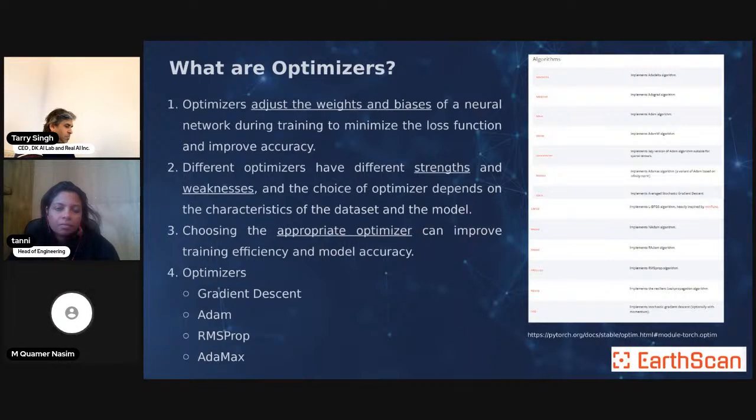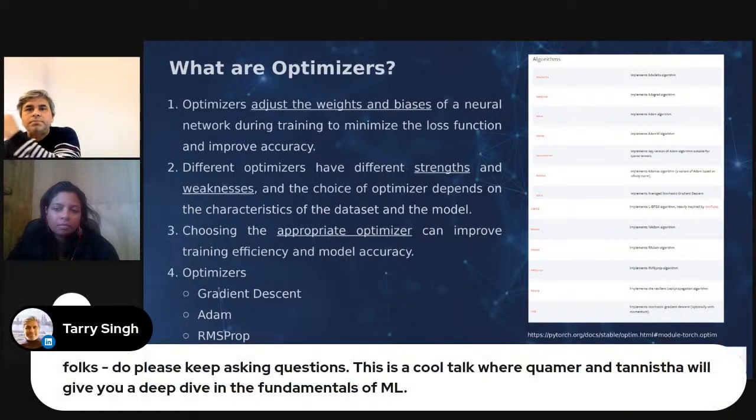There are many optimizers available, each with some strengths and weaknesses, and we have to decide which optimizer to use based on some initial model training, seeing how the model performs. In this presentation, we will look into four optimizers: gradient descent, Adam, RMSprop, and Adamax.